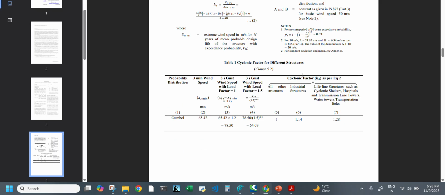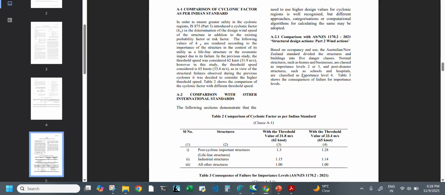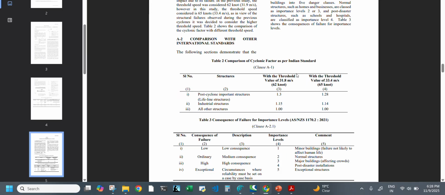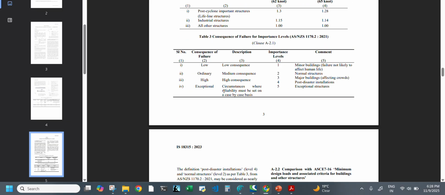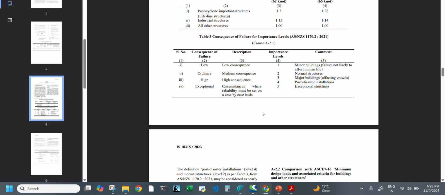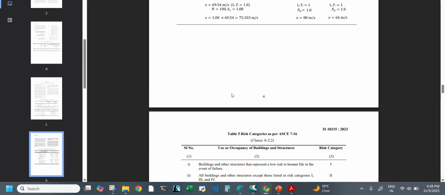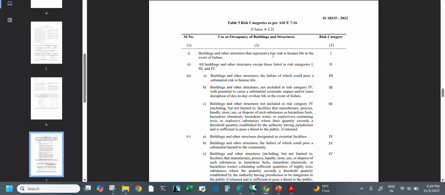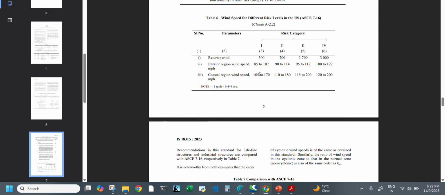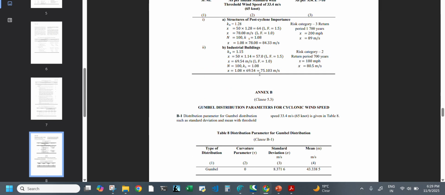So you can go through this code for more explanation, and the consequence of failures and importance factors, you can go through this part also. For the comparison with the present study, you can go through this chapter for more clarification.